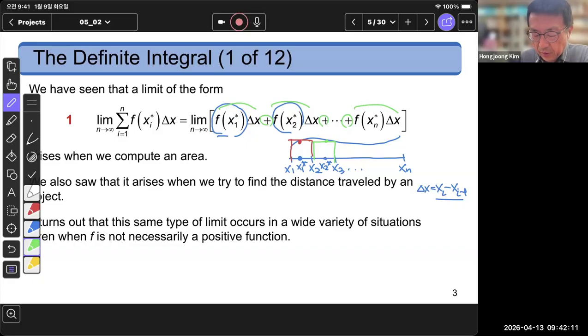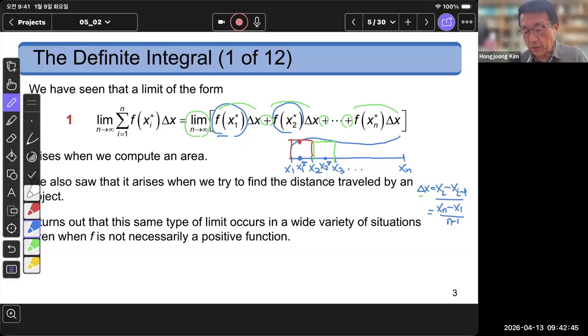and if I increase the value of n, here delta x denotes xn minus x1 divided by n minus 1. So that is the step size. And if I increase the value of n, that means my rectangles have smaller and smaller width, right?